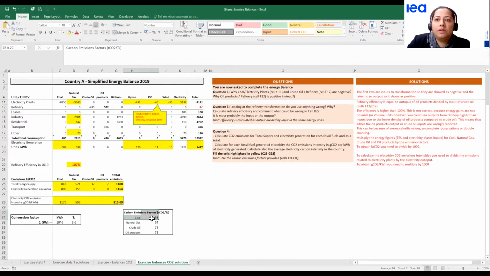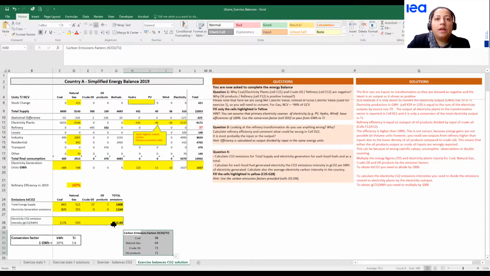Here you are given the carbon emission factor for the different fossil fuels, in tons of CO2 per terajoule, and you are here to calculate it. You take your total supply value, multiply it by your emission factor, but here it's in kiloton CO2 and you're getting tons, so you divide by 1000.